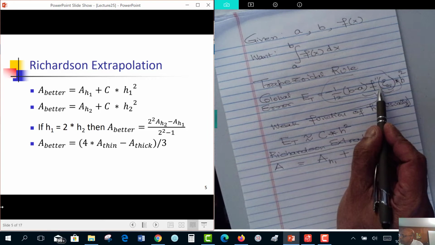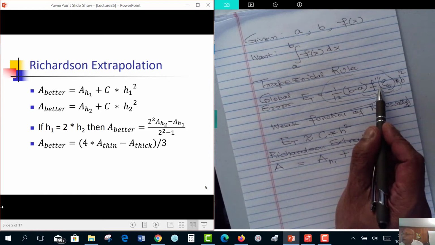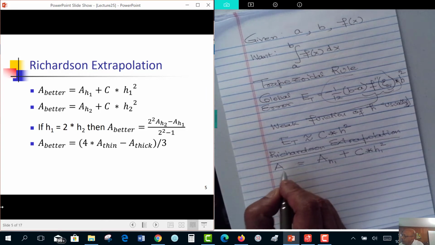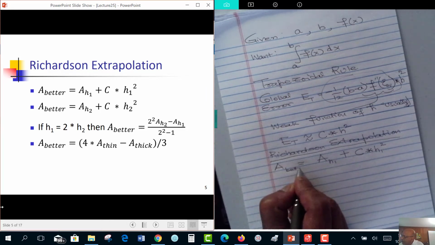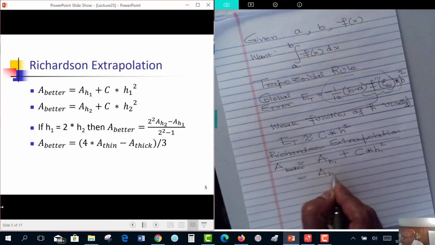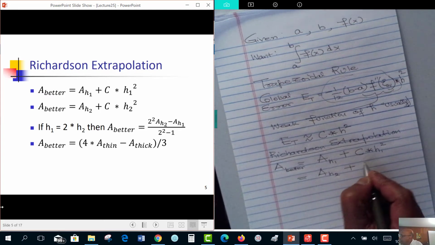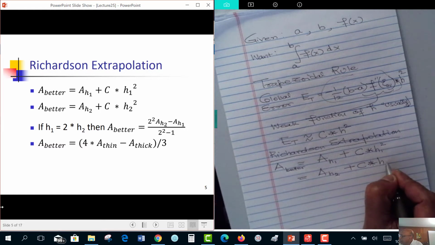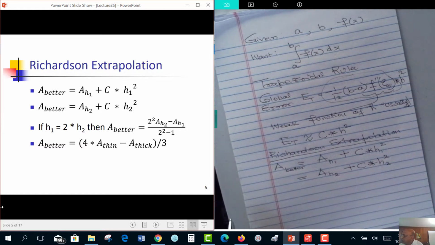We said this is a constant, but it may not be a constant. So instead of the true value, we'll say this is a better value. Well, we could have used a different strip size, h2, which would have an error c times h2 square. When we add the error, again, we'll get a better value.